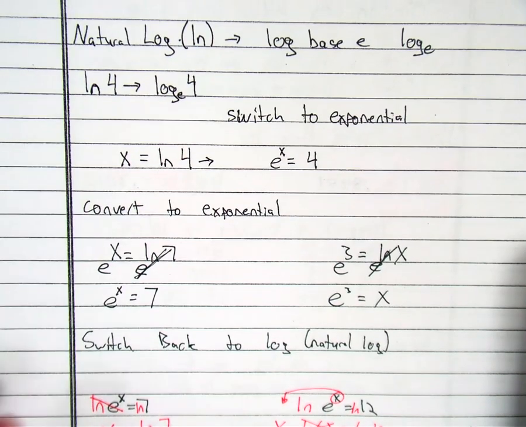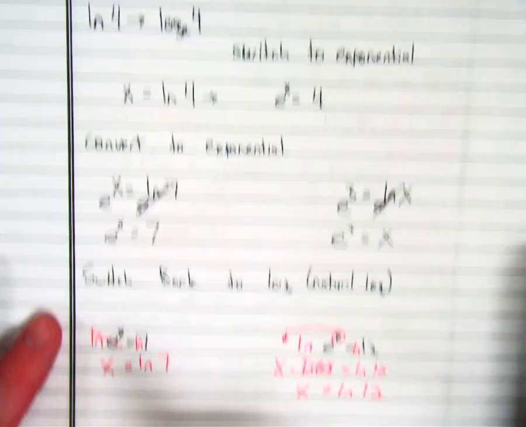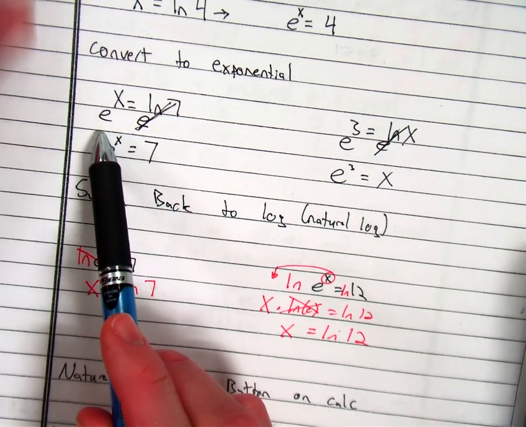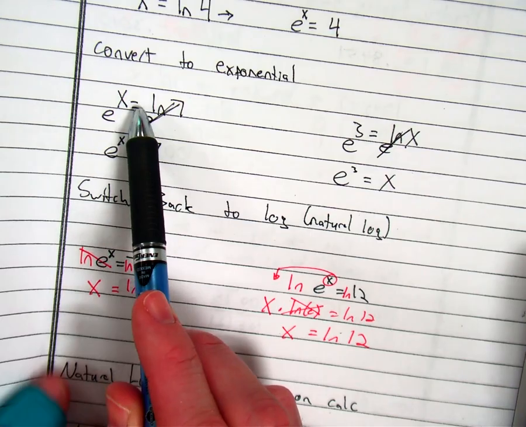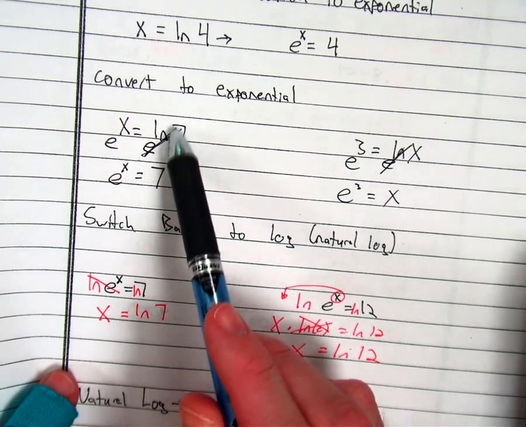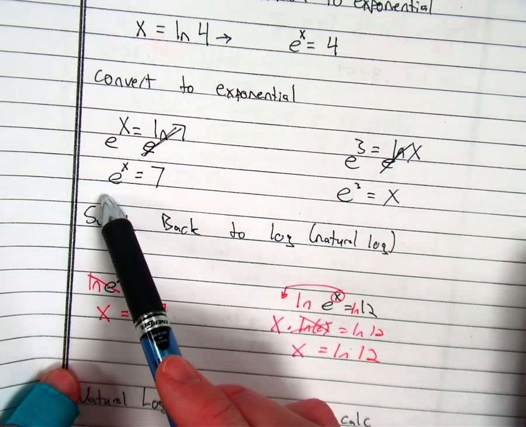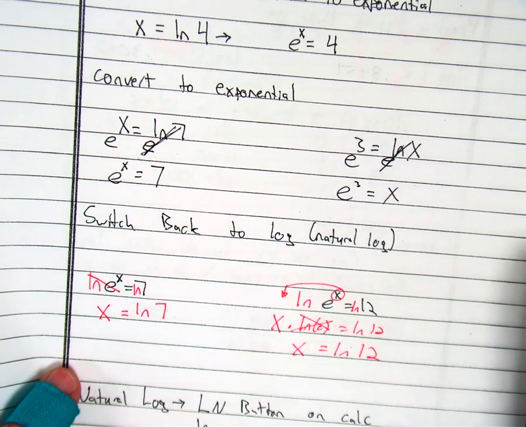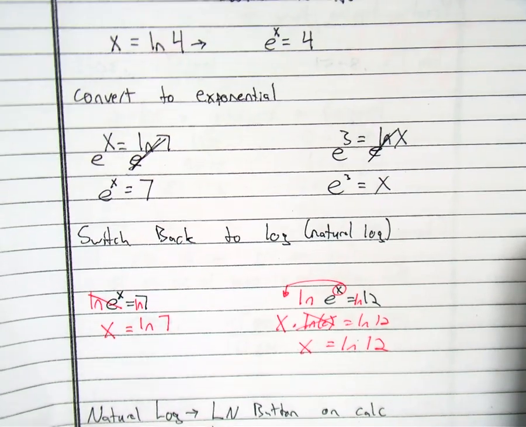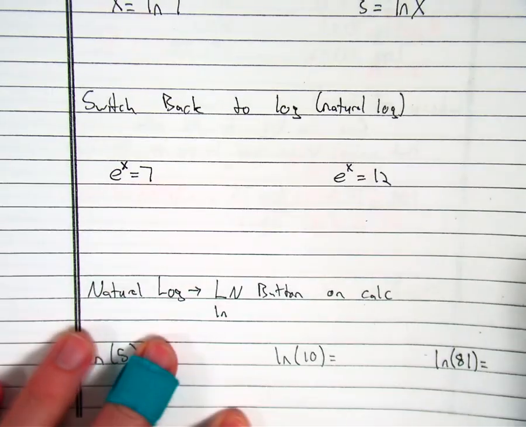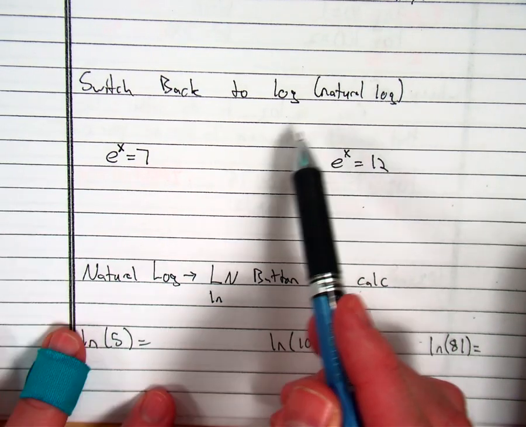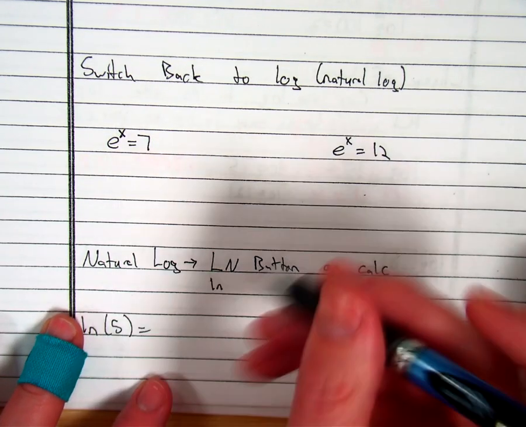Alright, take a look. I did the exponentiation method for these two. We bumped both sides up as an exponent of e. The e and natural log cancel out, so we have e to the x equals 7, and e to the third equals x. Switching back to log, remember, for natural log or any log, the exponent is the answer.